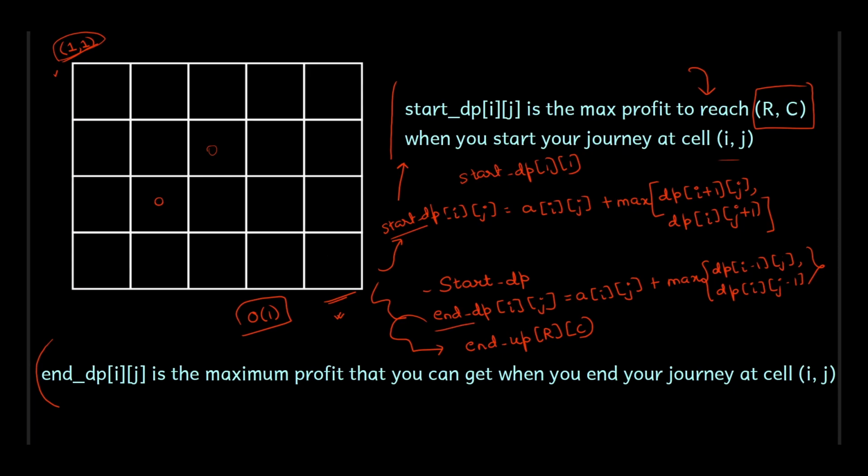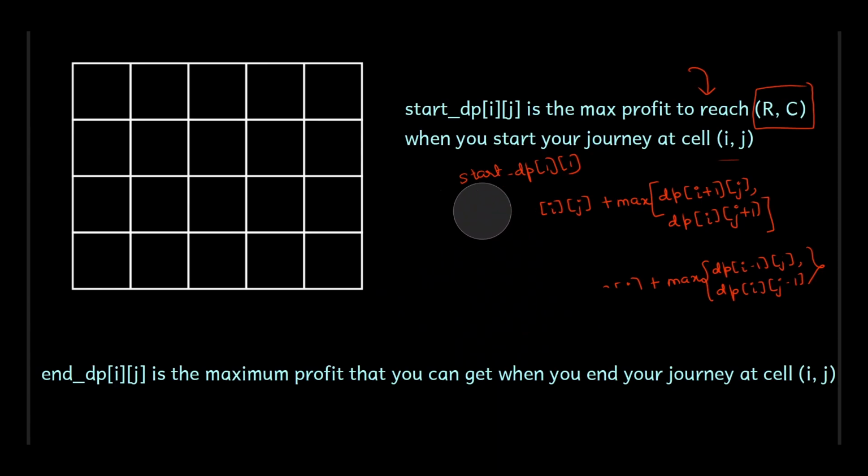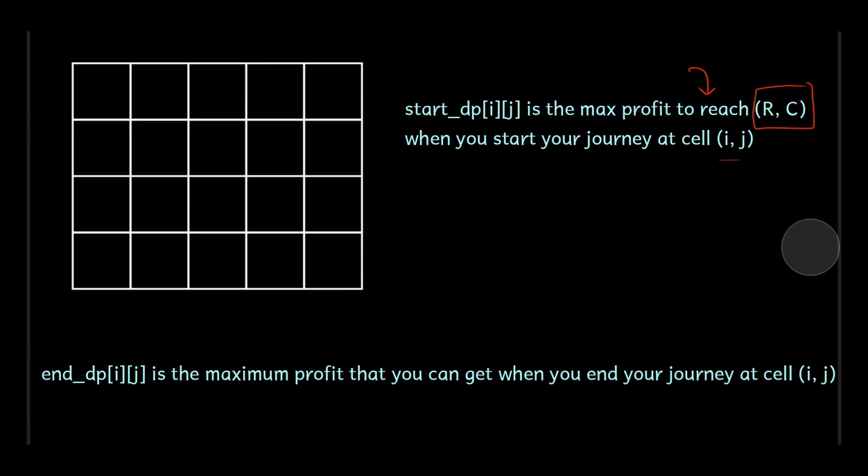So now let's ask another question that okay, for each cell you will be able to answer what is the maximum profit that you can get if you start your journey at that cell or if you end your journey at that cell. But now if I ask you the question that this is your starting cell, this is fixed, and this is your ending cell, this is also fixed, and I ask you that you have to necessarily cross this cell.